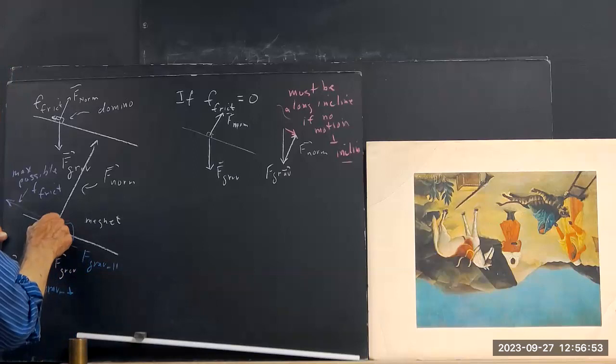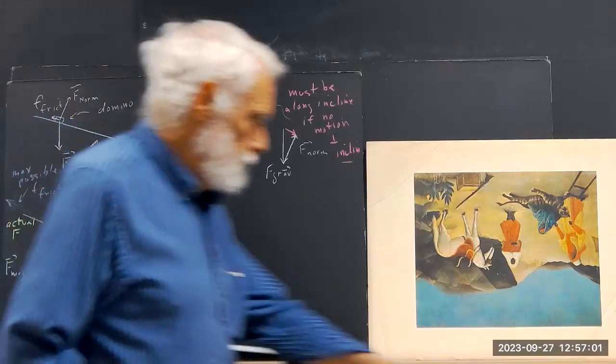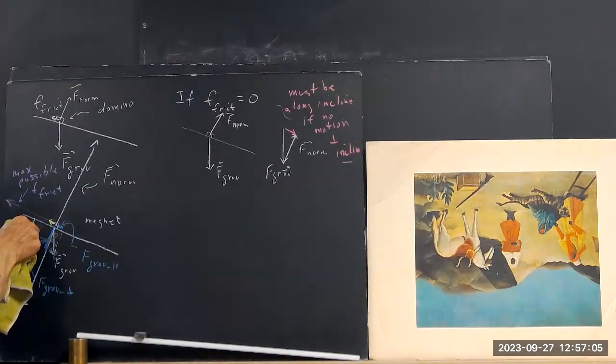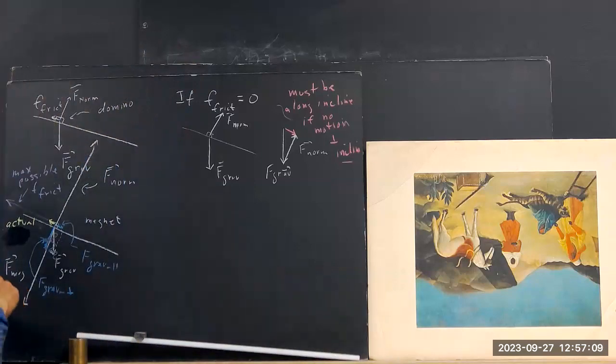Okay. Up and left. And I want to use the lowercase f for friction. The actual force of friction is only enough to hold the thing still on the incline.